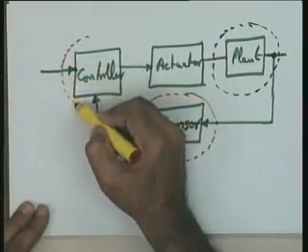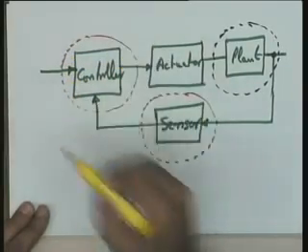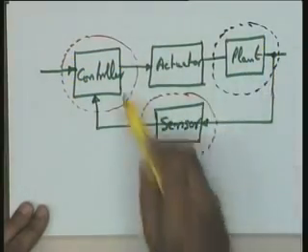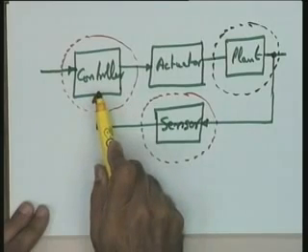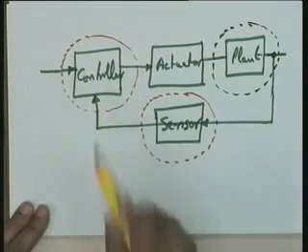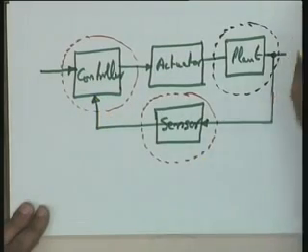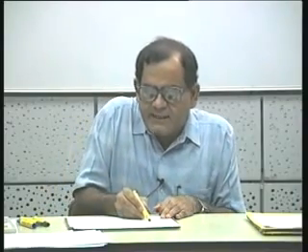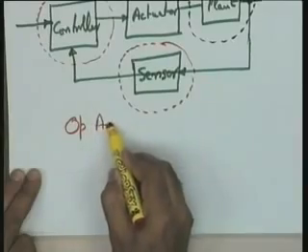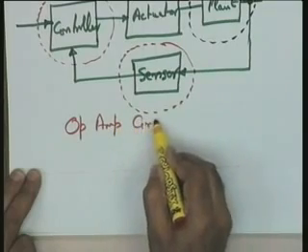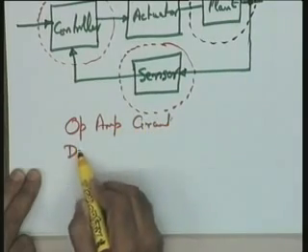Lastly, and the most important, the controller over here, which is the brain, all these muscles are being controlled by this brain, and the brain is electrical in nature. This controller, as far as today's trend is concerned, is either an op-amp circuit or a digital computer.